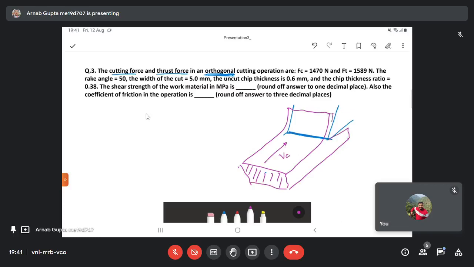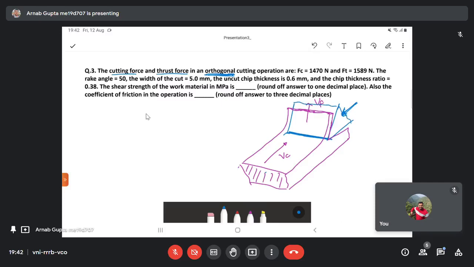And this particular part is the chip. This is the chip flow. VF I am denoting. Say in shaping operation, there is a relative motion between the tool and the workpiece, and the tool is moving. In case of turning operations, you have the workpiece moving, right?